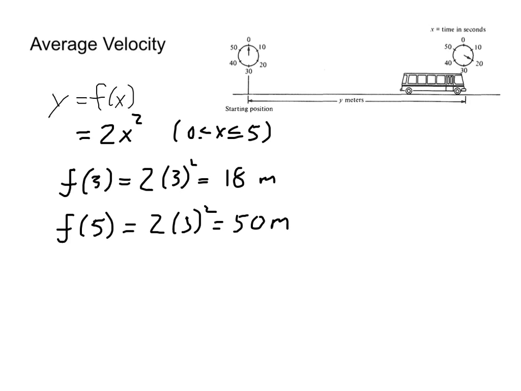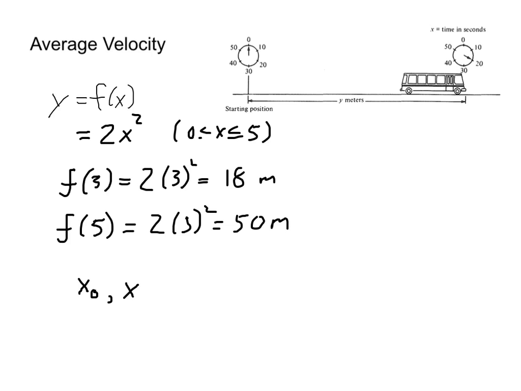Now suppose we wanted to figure out the average velocity of the bus over some time period, say between x naught seconds and x seconds. The way we'd do this is we would have to figure out how far the bus had traveled between these two times, and then divide it by the amount of time elapsed.